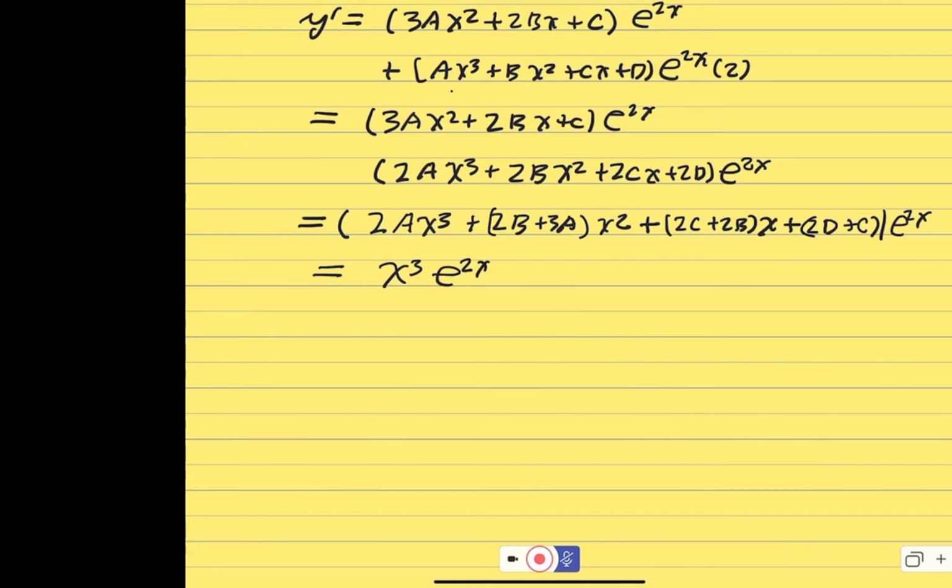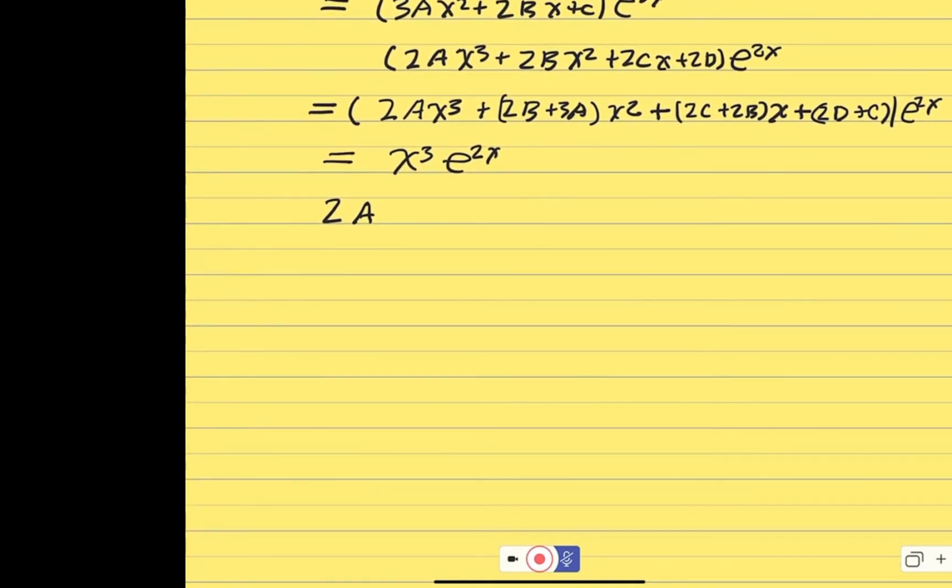So this is going to give us a bunch of equations, all easy fortunately. 2a is equal to, I want that to be 1. The next one is going to be 2b plus 3a, and there's no x squared term, so that's 0.